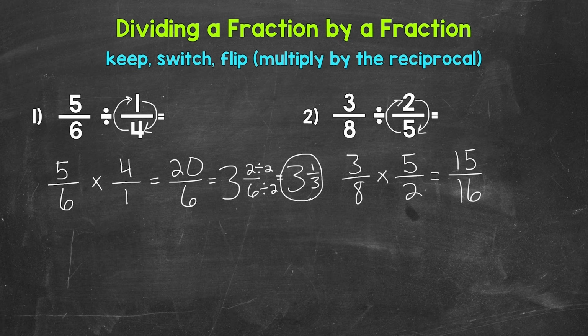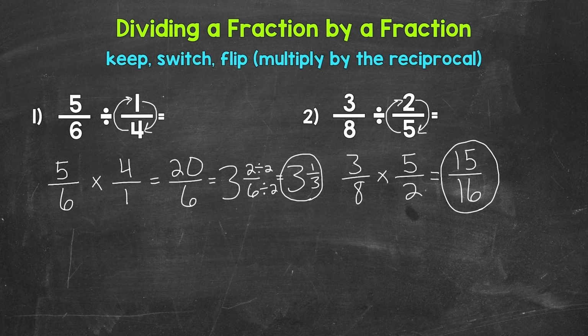So we end up with 15/16, which is a proper fraction here, and the only common factor between 15 and 16 is 1. So this is in simplest form. We are done. Final answer, 15/16. So just remember, when we have division problems involving fractions, we keep, switch, flip, which in other words, we are multiplying by the reciprocal.